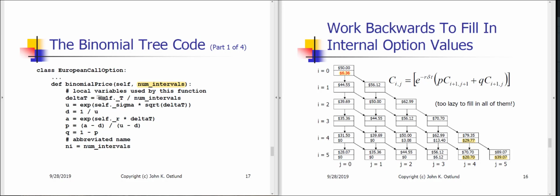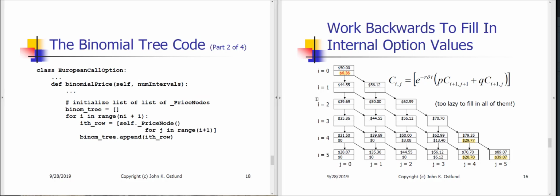Delta t is the expiration time divided by the time intervals. Here we have the up factor and the down factor, the interest rate factor, and then the risk-neutral probability of an up move in the stock price and of a down move in the stock price. Now, num intervals is a very long variable name, so in the rest of this code, in order to get things to fit on the slides, I'm creating an abbreviated name, ni.